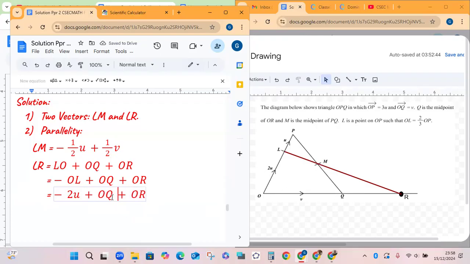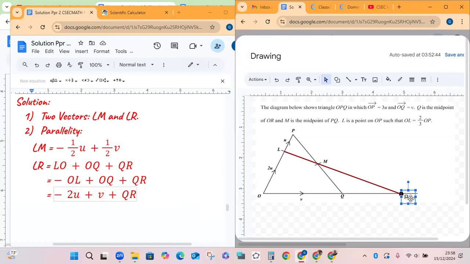OQ is V. And since Q is the midpoint of OR, QR is also another V. So that's a V and another V right there.